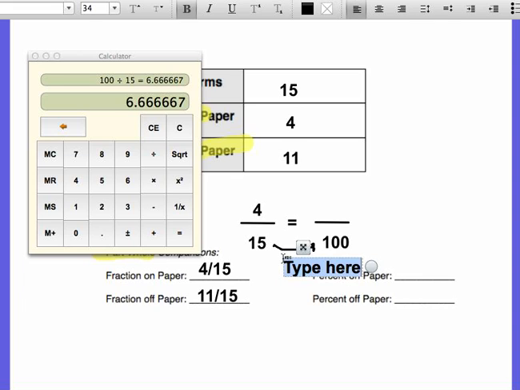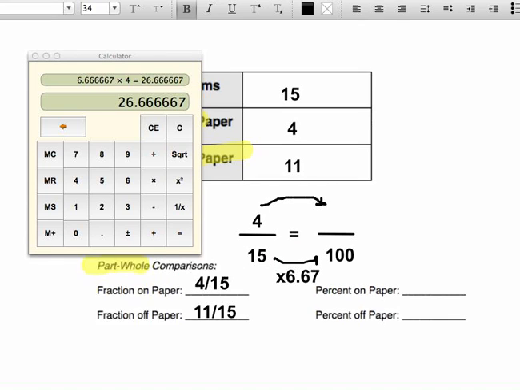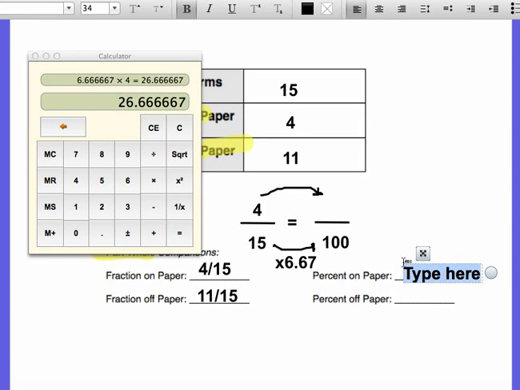So I'm just going to say times 6.67 to get out of 100, and whatever we do to the denominator we must do to the numerator. So we're going to multiply 4 also times 6.67. I'm not even going to clear my calculator. I'm just going to throw it in there, and it's 26.67%. So where it says percent on paper, I could write 26.67.